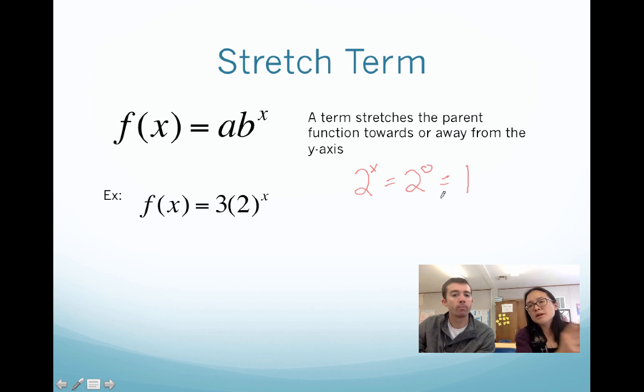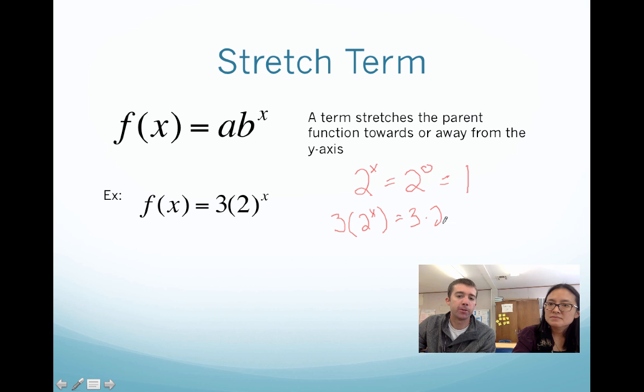So what happens when we have a 3 in front of it? Well, we'd have 3 times 2 to the x. So 3 times 2 to the 0, which is 3 times 1, or 3. So that y-intercept got stretched from being at 1, and now it's up at 3. So there's our stretch. If there's no other transformation on here, I could term this a term as the y-intercept.